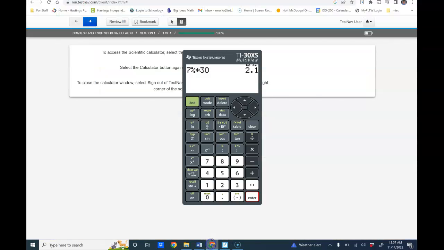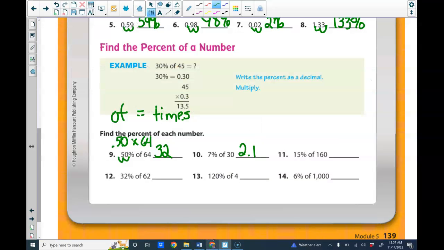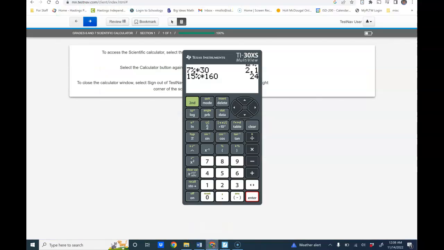15% of 160. 15% of 160 becomes 24. 32% of 62, so I'll do this one the other way. Move that over, so 0.32 times 62. 0.32, whoops, not 2 points.